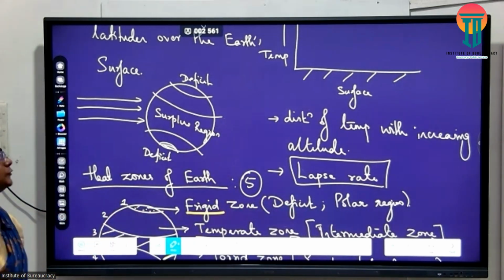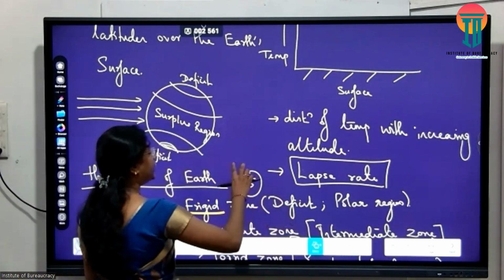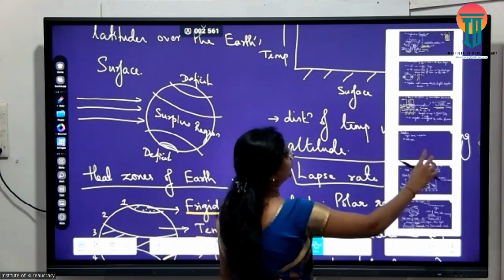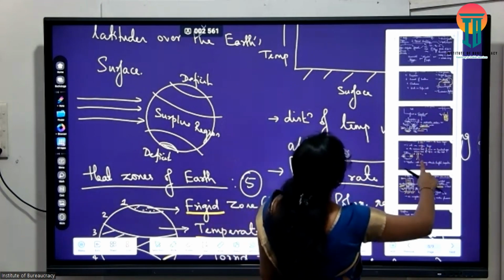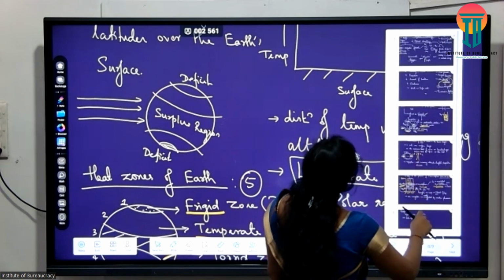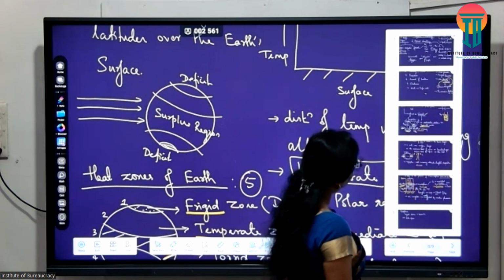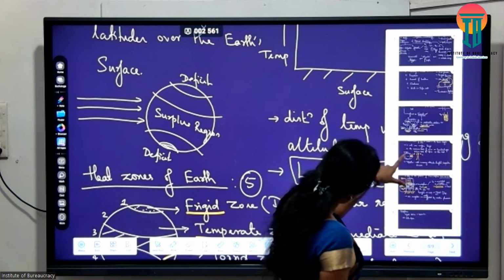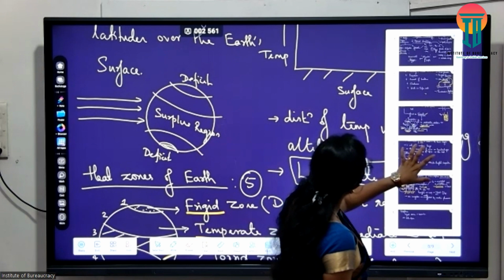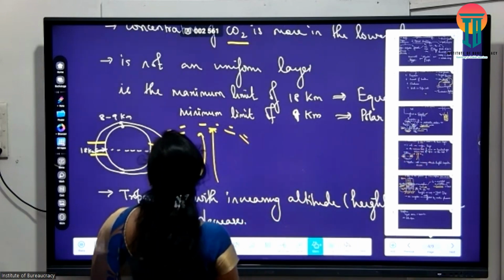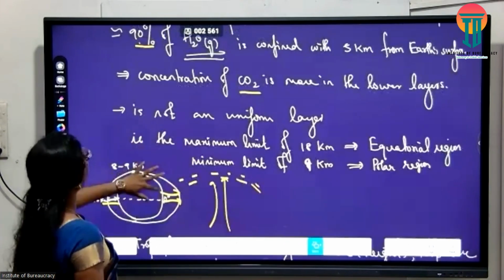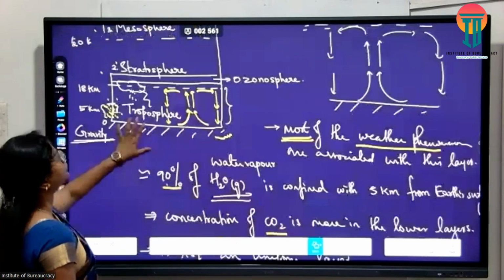Lapse rate. So idhukku thirumba we gonna go back into the structure of Earth's interior, structure of atmosphere, where the different layers. Where are my different layers? Fine.